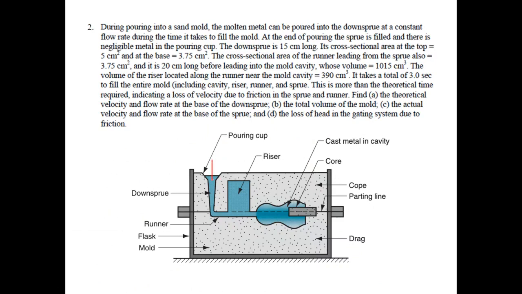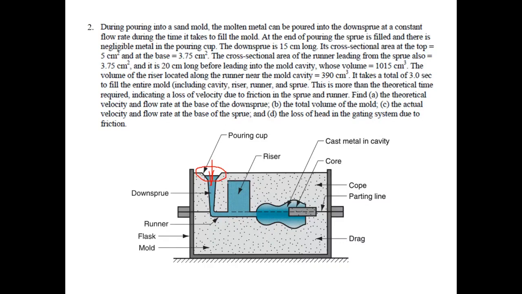So it will be poured from here, and then it just fills in all the cavity, riser, runners, everything. At the end of the pouring, the sprue is filled, and there is negligible metal in the pouring cup. Up here, there is a negligible amount of the material left.